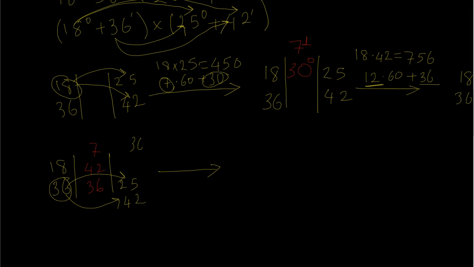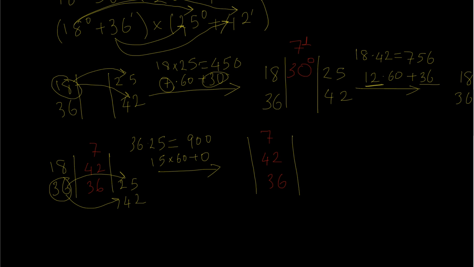So first 36 times 25, again using a multiplication table. This is going to be equal to 900, which is equal to 15 times 60 plus 0. So the content of the middle column was 7, 42, 36.